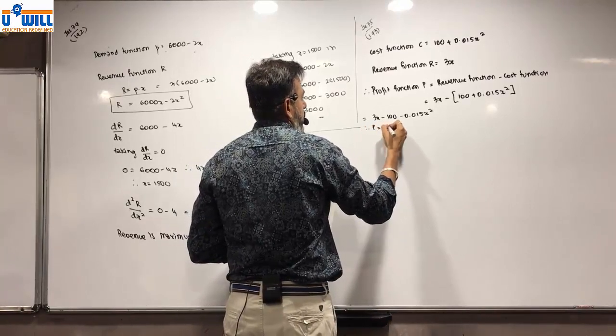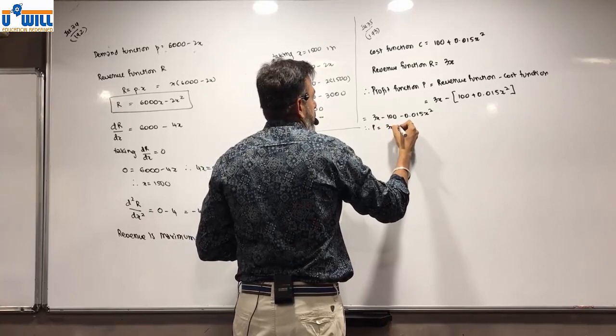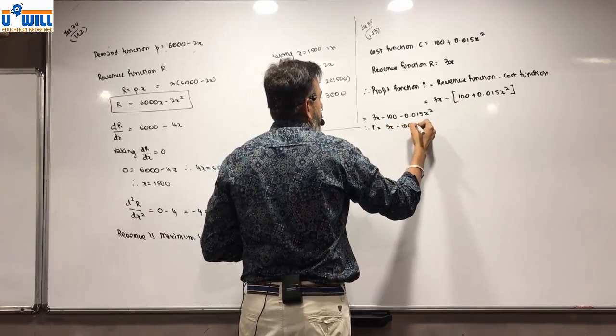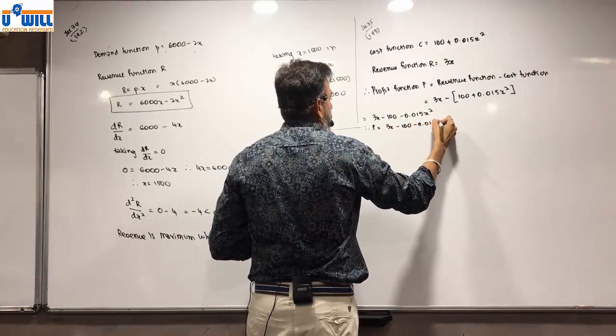Therefore, P is equal to 3x minus 100 minus 0.015x square.